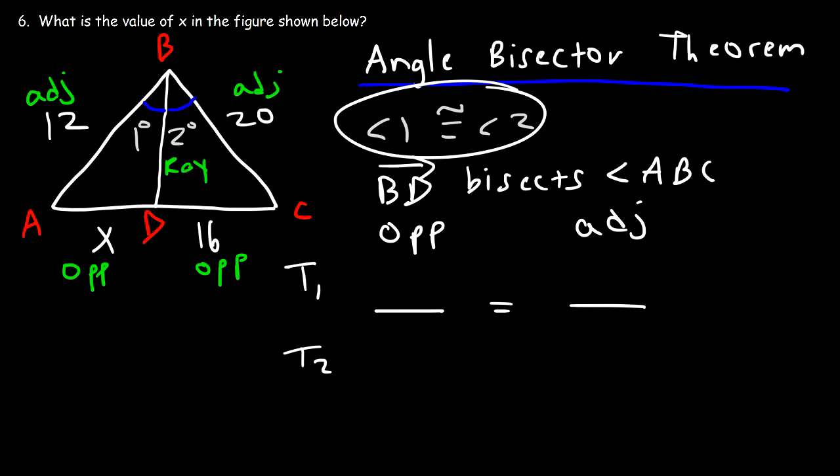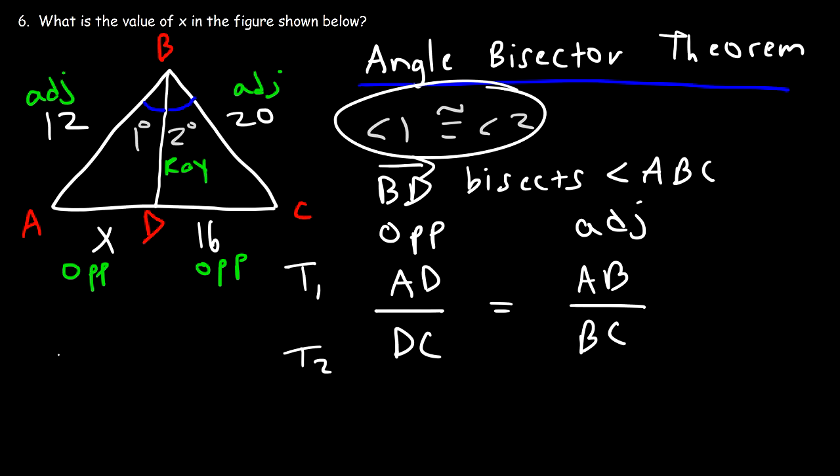So opposite for triangle 1 is this side, so that's AD, and opposite for triangle 2 is this side, which is DC, or you can call it CD if you want. Now the adjacent side of triangle 1 is AB, and the adjacent side for triangle 2 is BC. So that's how you can set up the proportion.